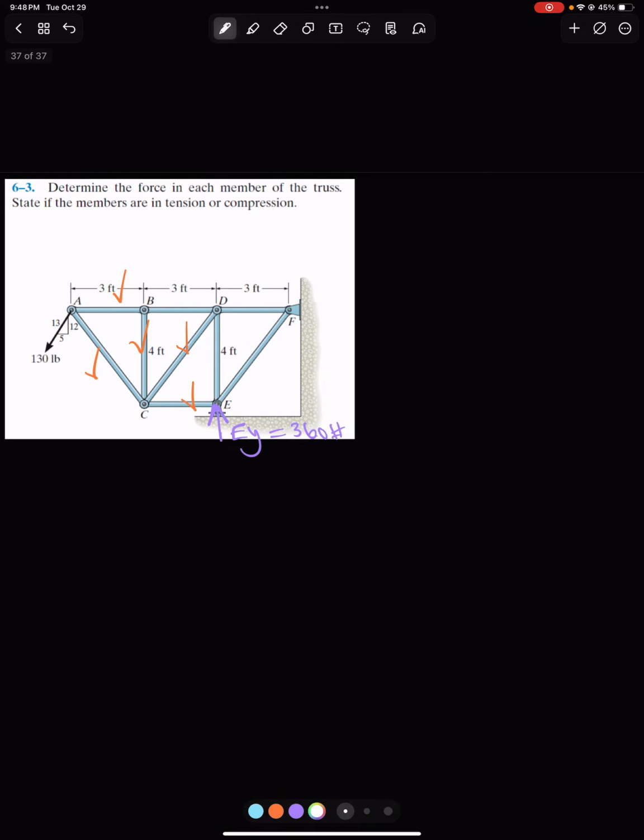So immediately we can see, doing the free body diagram at joint E, oops, sorry, I didn't mean to draw the arrow. ED.